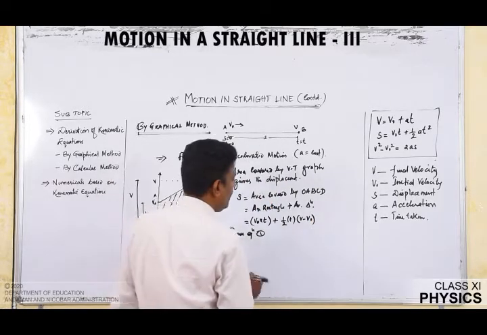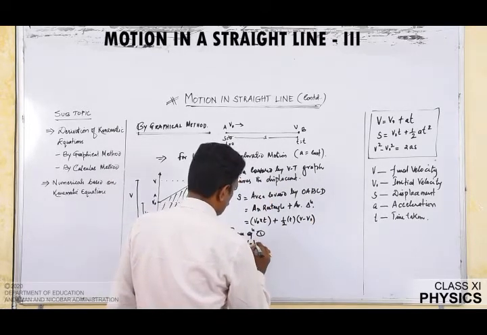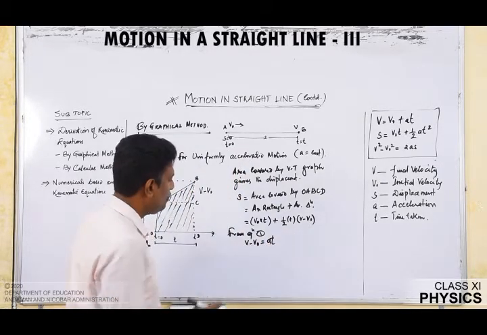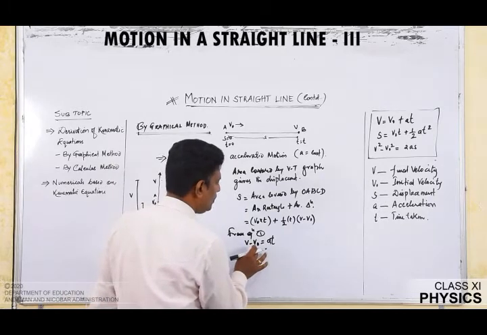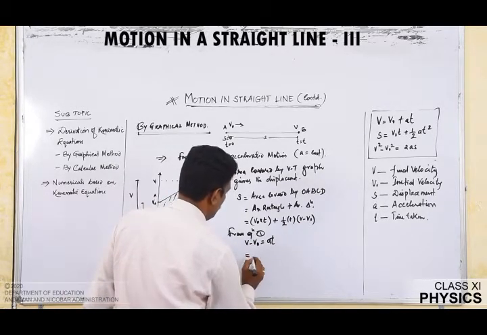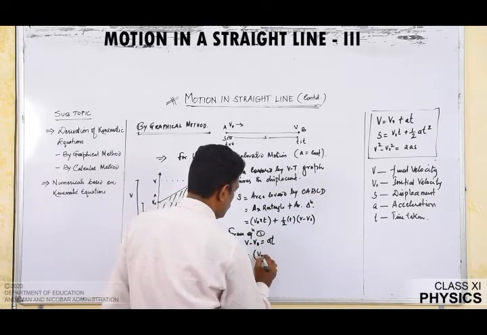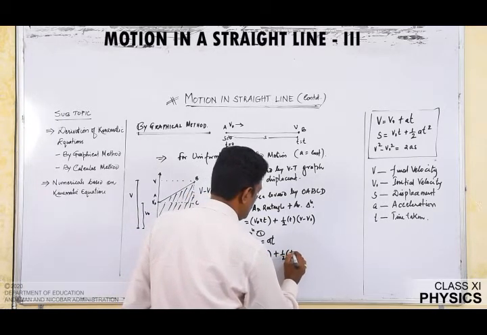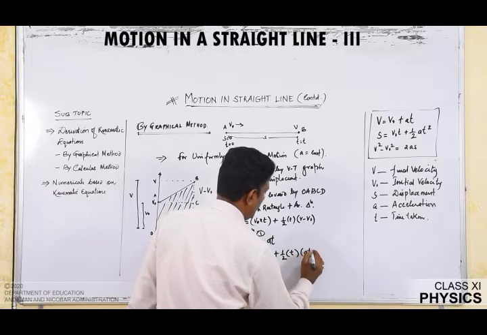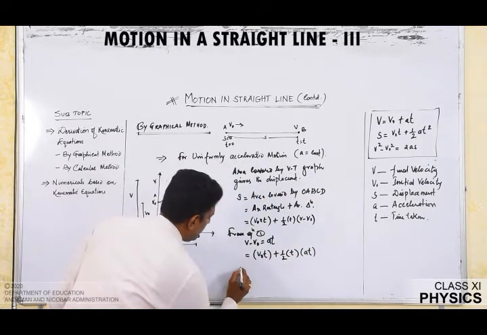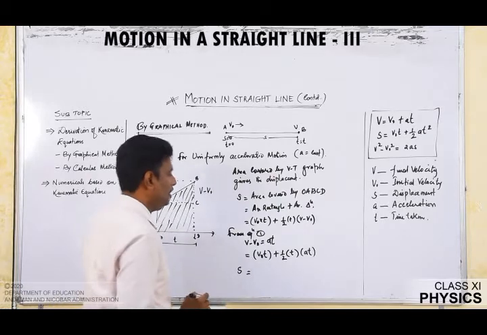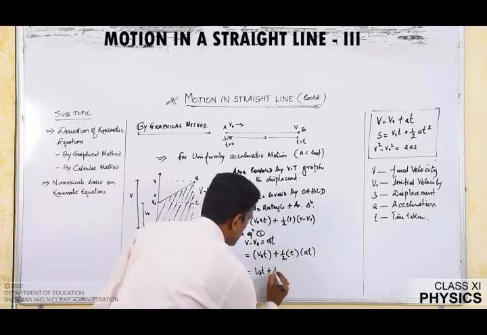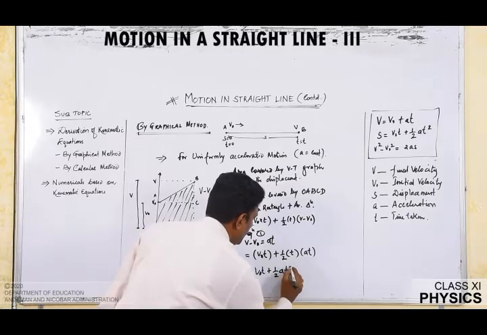From equation 1 we have V minus V naught is equal to AT. So, we can put the value of V minus V naught in this equation. We will get V naught T plus half T into AT. Thus, we can arrive at the equation, that is V naught T plus half A T square.